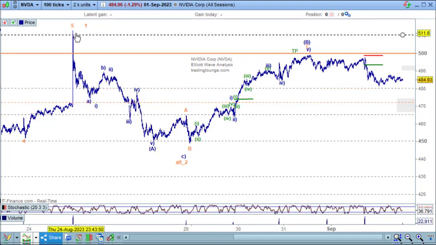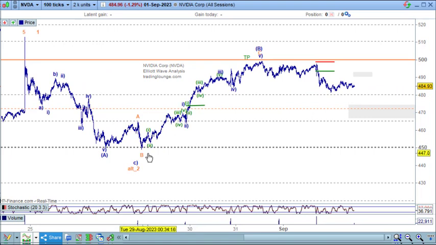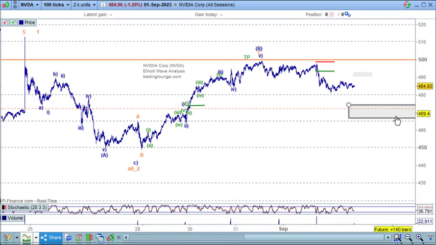So I can get 5 waves from the top to here, but then I've got this other move, which I'd have to look at as an A wave, a B wave making a low here, and then a C wave up here, which is nothing wrong with that. But the wave C here is rather long compared to wave A, so it doesn't really give us much there.